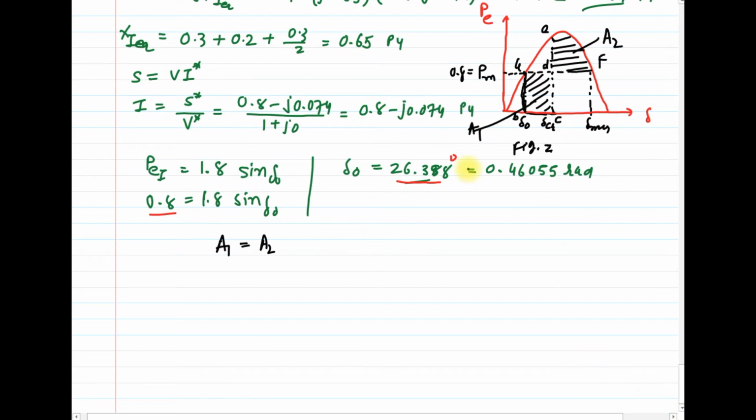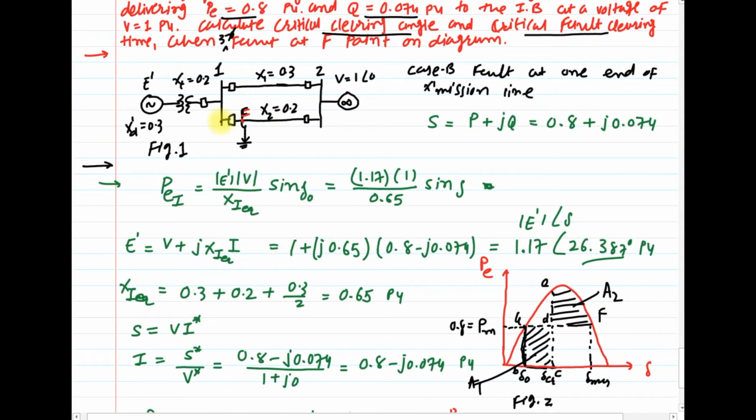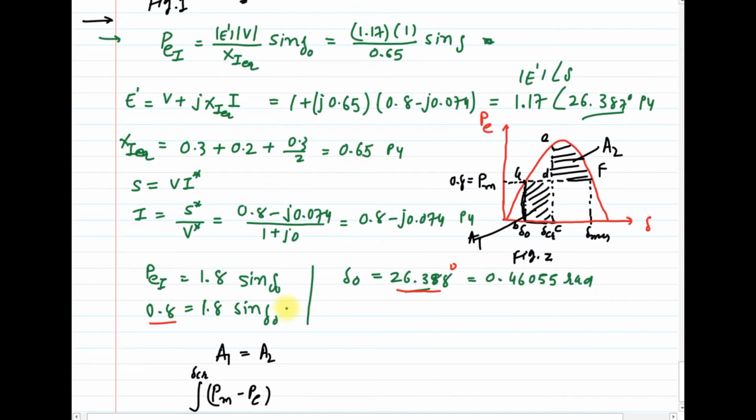So just write down the equation of A1, which is equal to integration of delta 0 to delta CR, where the acceleration will take place, PM minus PE. But during this interval, the PE is equal to 0 as the fault occurs at the end of the transmission line. So the PE will become 0, we will substitute.